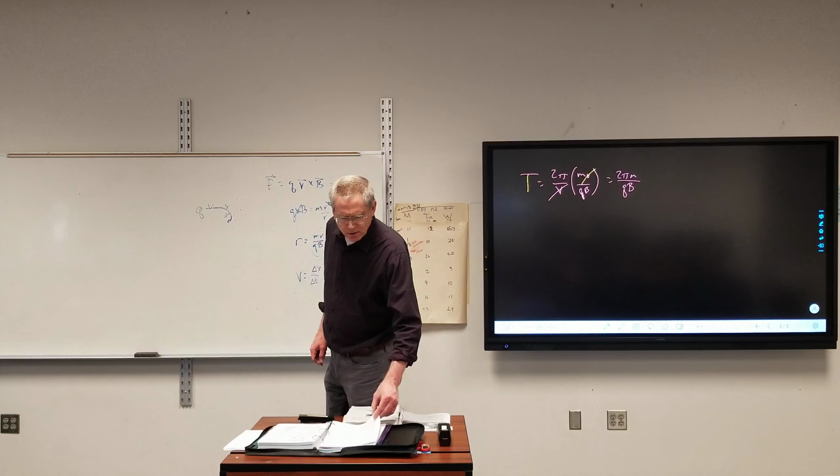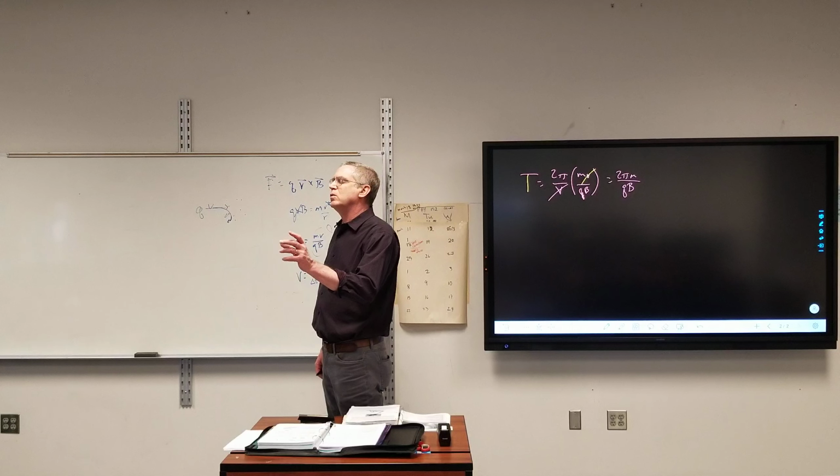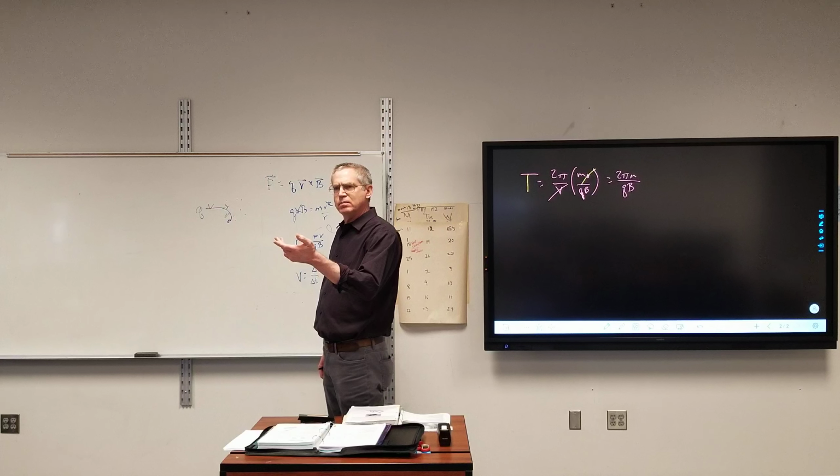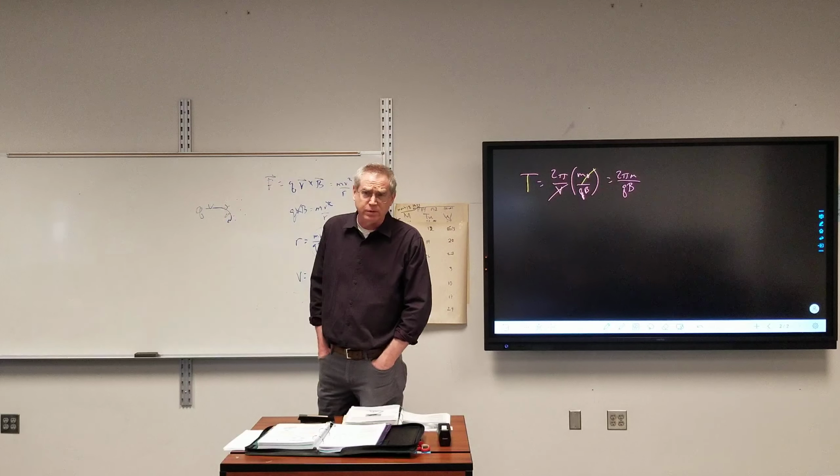No, they're big A and big B. So N is the number of coils. Torque is going to be mu cross B, and mu is IA. So NIAB, is that what you said? Yeah, for perpendicular.